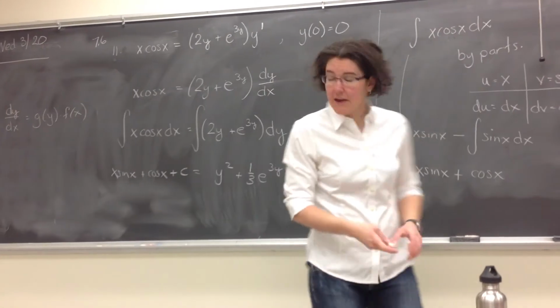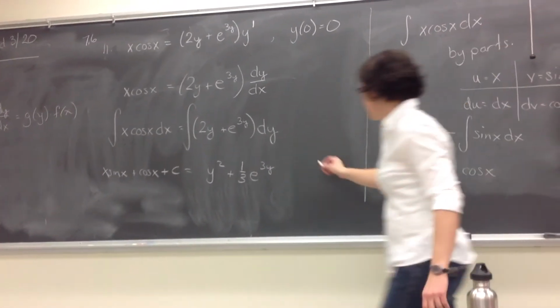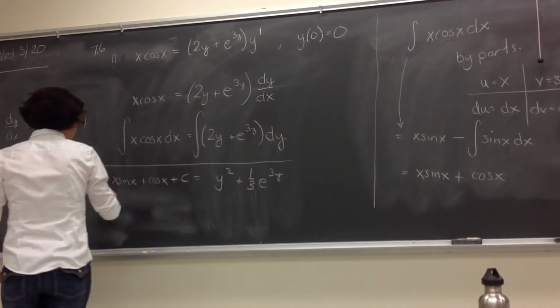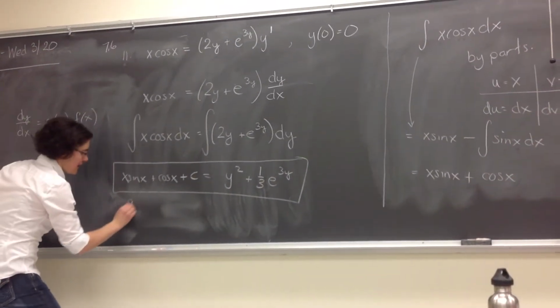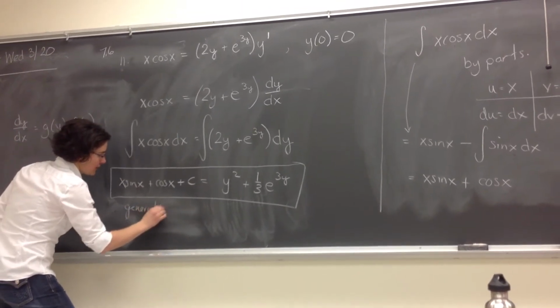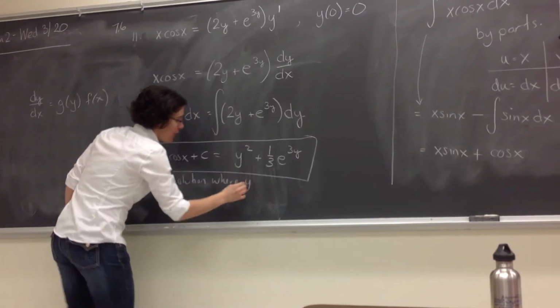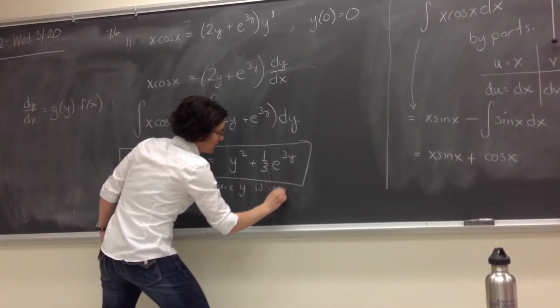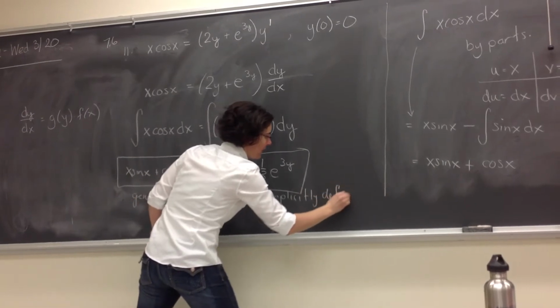Okay. Any questions so far? At this point, we have a solution to our differential equation where y is implicitly defined. So this is a general solution where y is implicitly defined.